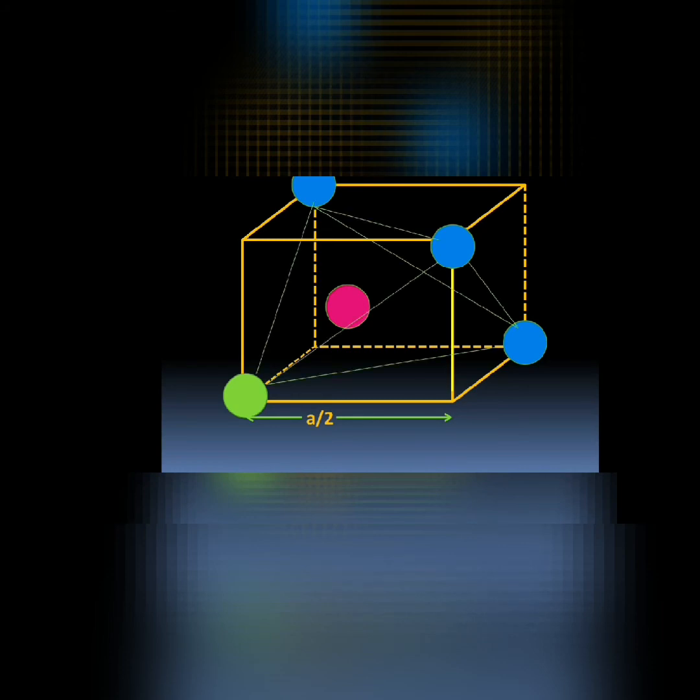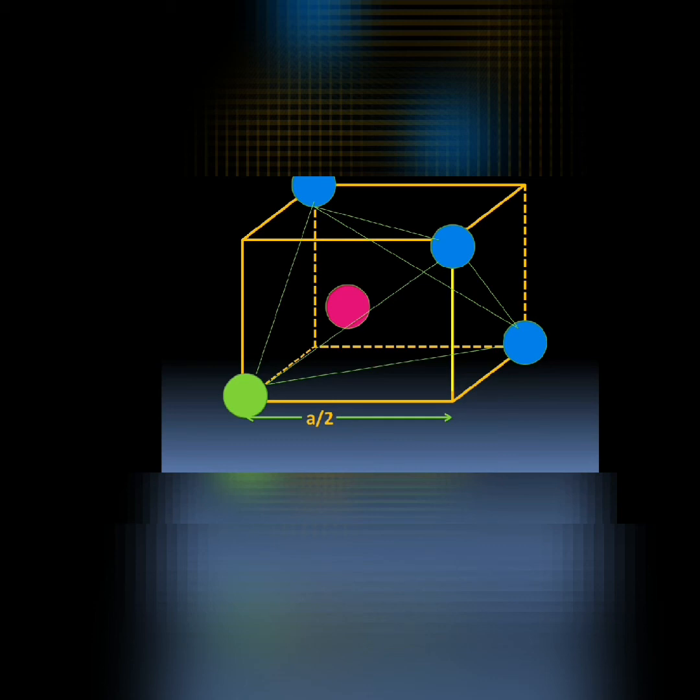For this cube, the body diagonal is √3a/2. In one of my previous videos, I showed you how to calculate the body diagonal. If the edge length of a cube is a/2, then you can easily calculate its body diagonal, and it is √3a/2.